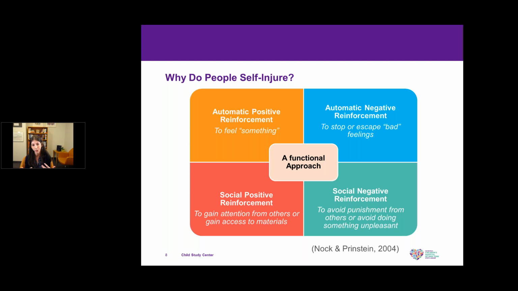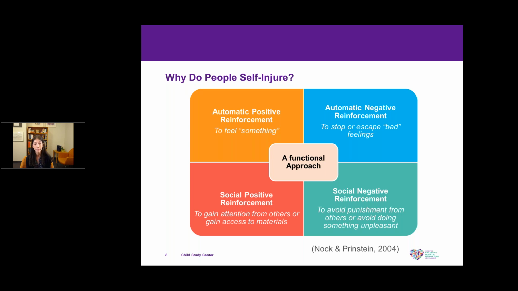Someone is experiencing often intense negative emotions, such as anger, guilt, sadness, shame. They engage in self-injury, they experience a reduction in that distress, and that leads to the behavior being more likely to occur in the future. We call that automatic negative reinforcement.